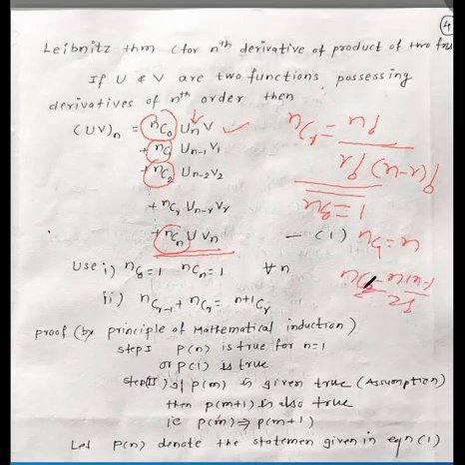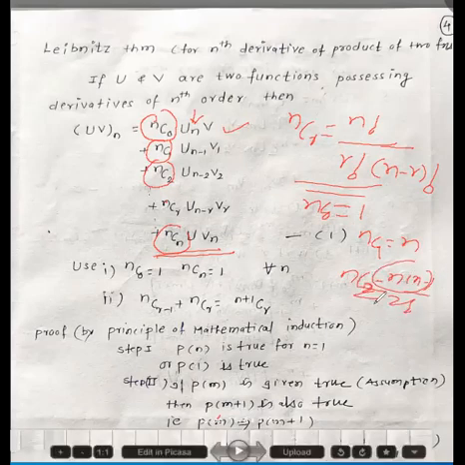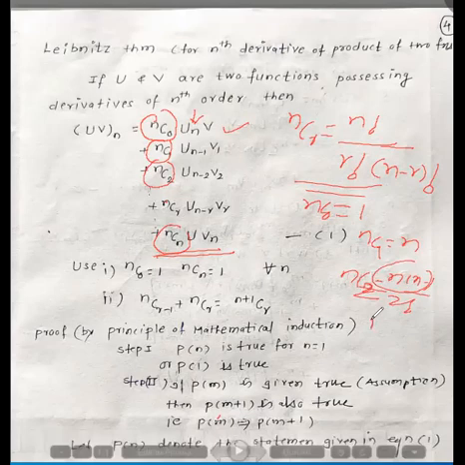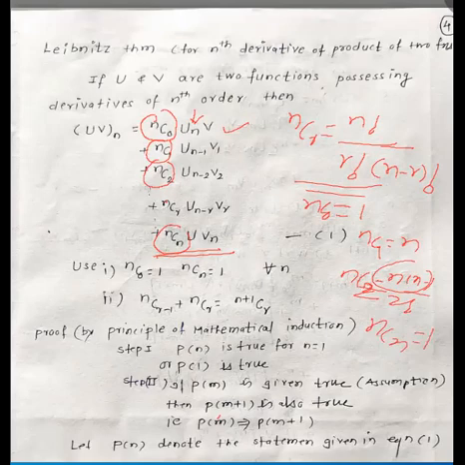That means if it is 2, we get 2 terms divided by factorial 2. nC3 contains 3 terms, n, n minus 1, n minus 2 divided by factorial 3, and so on. nCn for any value is 1. So these are the values we are going to use. This is the original formula, and in this formula you can substitute r equal to 1, r equal to 2, r equal to 3, and you will get these values.